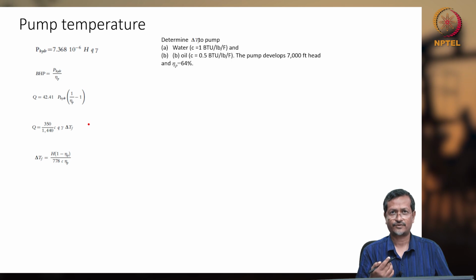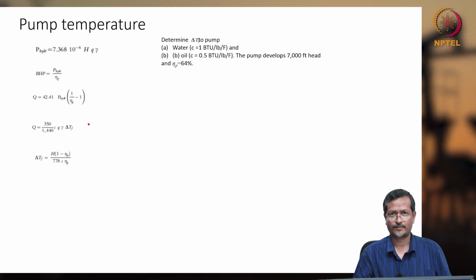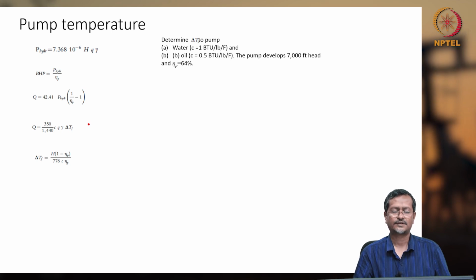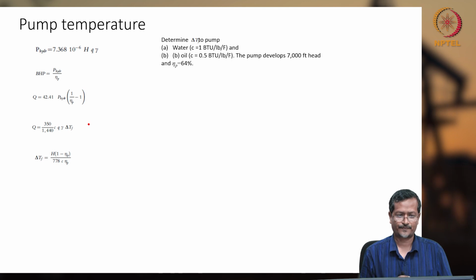Water has the highest capacity, so if you are pumping only water, then life is beautiful. Water can take lots of heat. But if you are pumping only oil, oil's capacity is low, so your heat generation may be significant. That may lead to material and other issues.